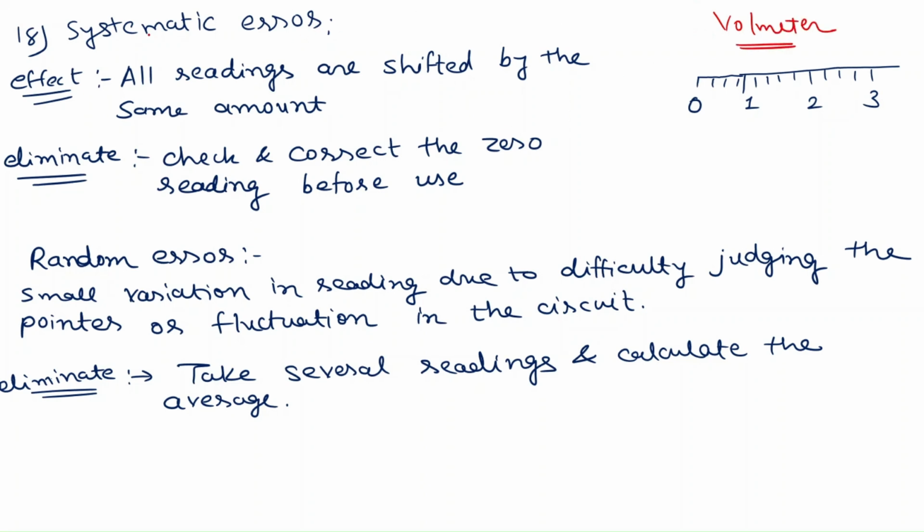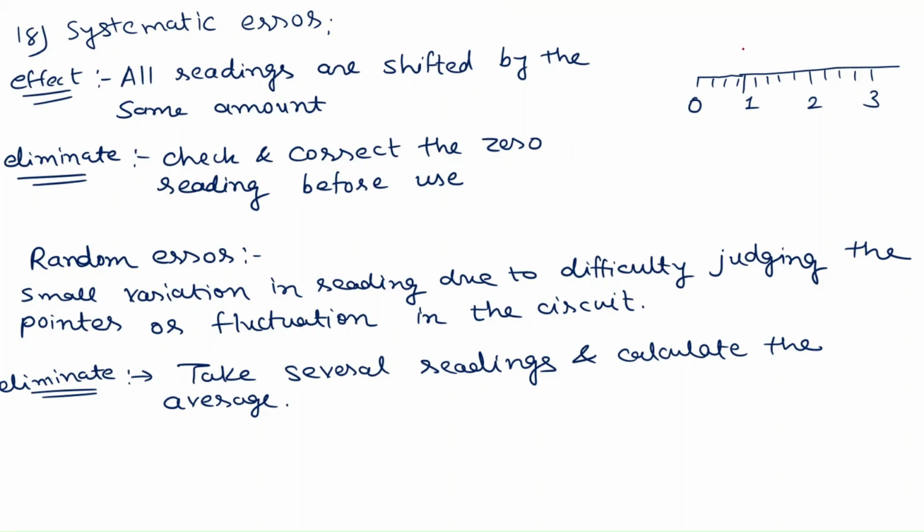First we go to systematic error. What does it mean? Systematic error means calibration error. Consider a scenario where we have a voltmeter in our lab.